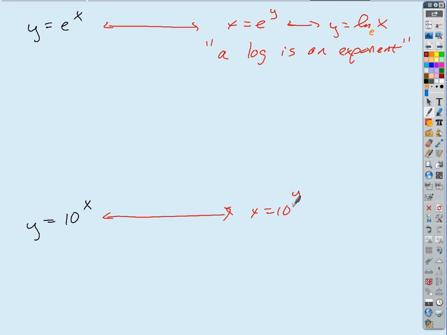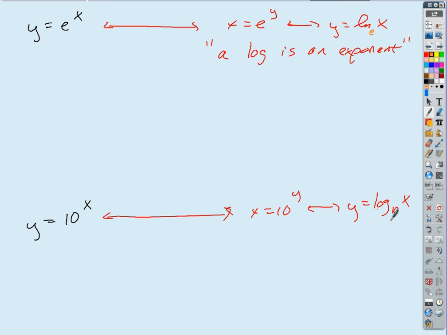And what's the equivalent logarithmic way of saying that? Y equals log base 10 of x. Why? Because a log is an exponent. Whatever the log is equal to shows up in the exponent. And notice that the bases are the same in both equations. It's a base 10 exponential and a base 10 logarithm. All right, so that's helpful to us then, right?